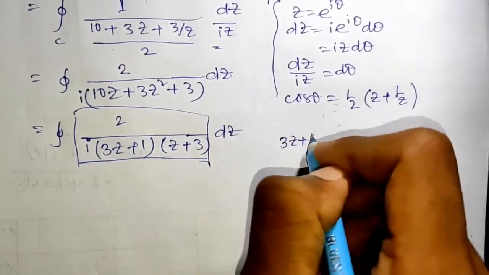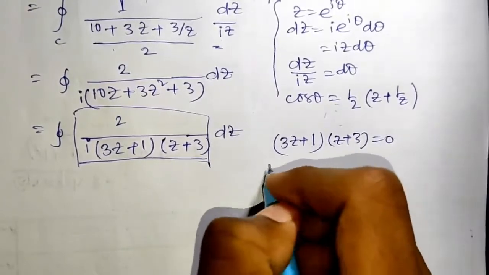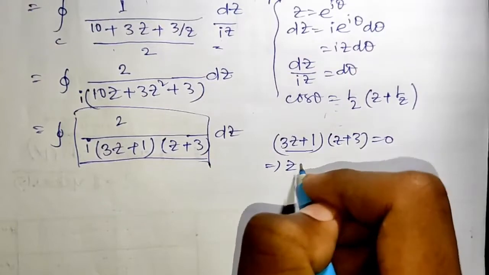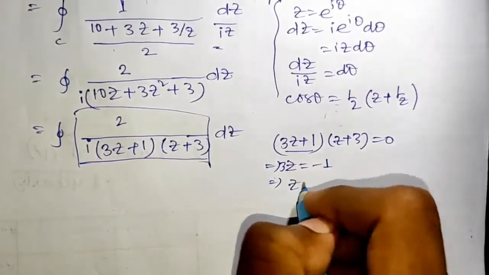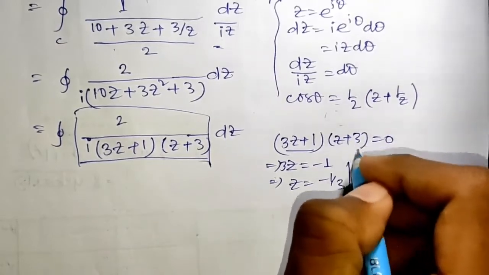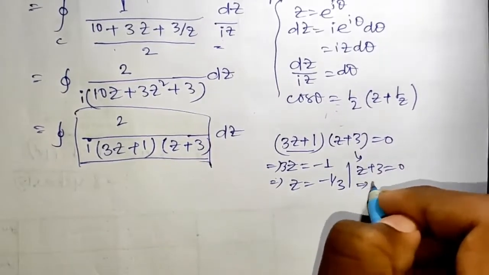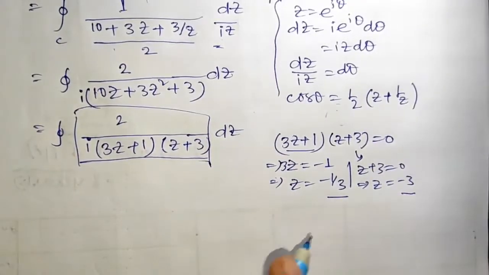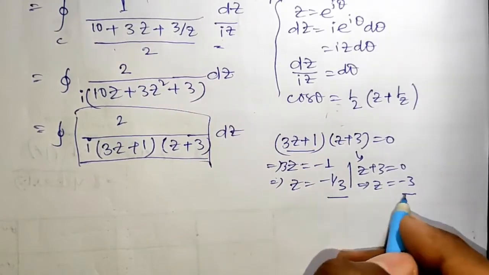That is (3z plus 1)(z plus 3) equals 0. From here we get 3z equals minus 1 and z is minus 1 by 3, and from here z plus 3 equals 0 and z equals minus 3. So we get two singularities: one is minus 1 by 3 and one is minus 3.